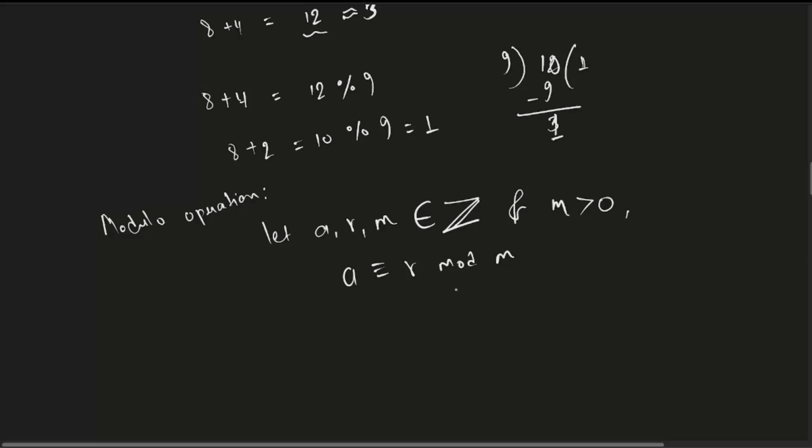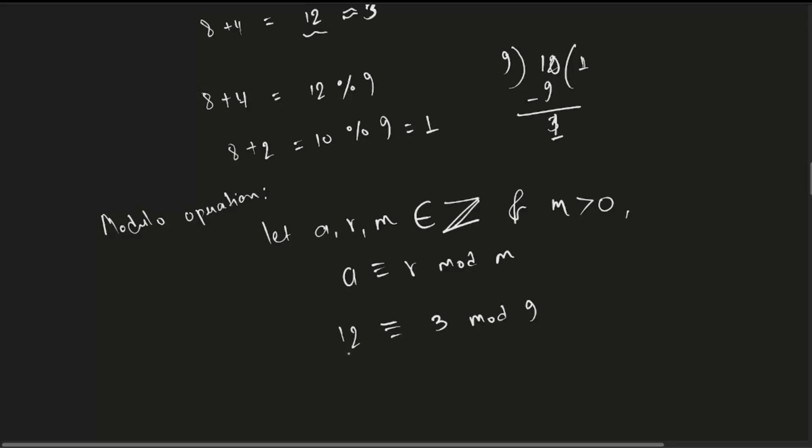And it looks weird at first, but the way to interpret this is, let's assume I've got my number here, 8 plus 4, which in our case is 12. So 12 is equivalent to, let's assume my modulus is 9 here. So 12 mod 9 is going to give me the remainder of 3.